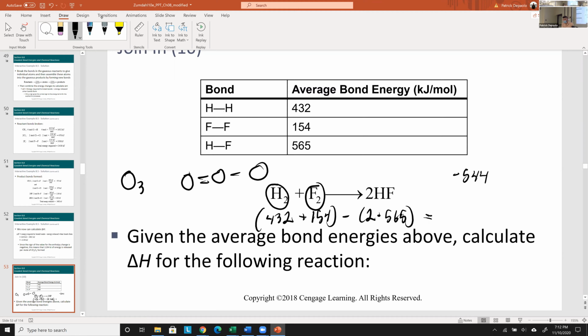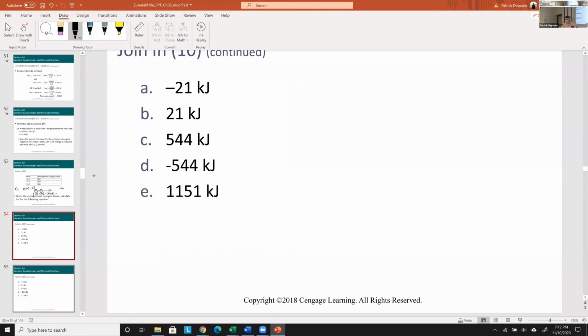It's very important to know the Lewis structures before you do this bond energy thing, because in O3 we're going to have 2 different bond energies. We're going to have an O-O double bond and an O-O single bond, which are both different. So whatever the Lewis structure is, you add up the bonds that are included in it. So we'll figure that out soon. So, yep, negative 544.